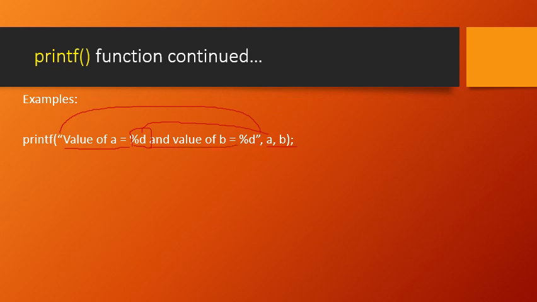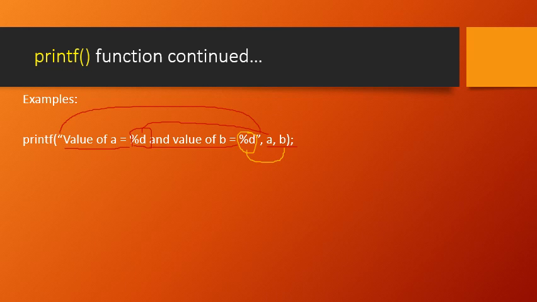Then there is a second occurrence of the format specifier. That means I am again going to display the value of a variable of data type integer, the second variable in the variable list. The second variable is B here. Suppose the B value is 20, that 20 will be displayed.